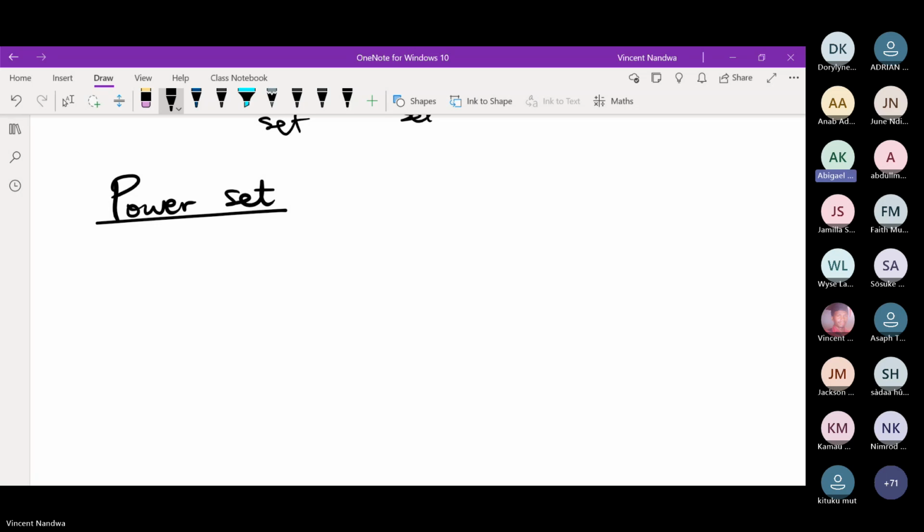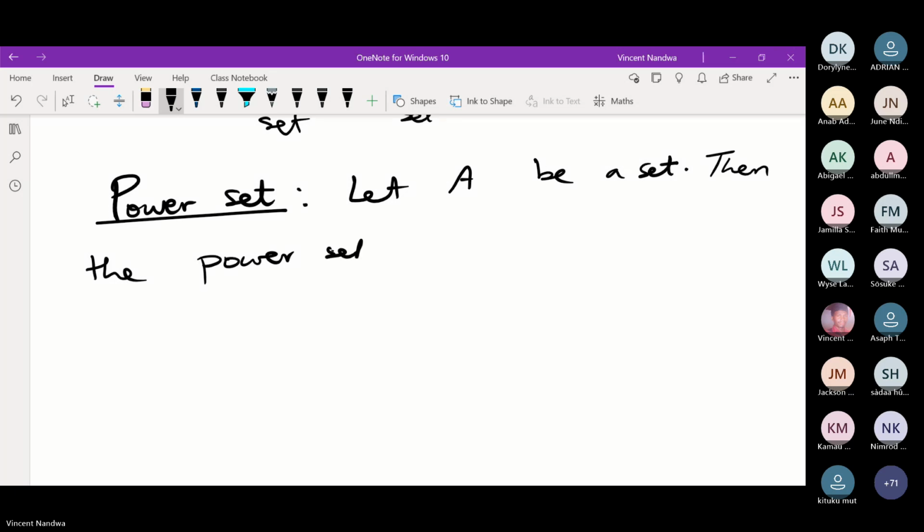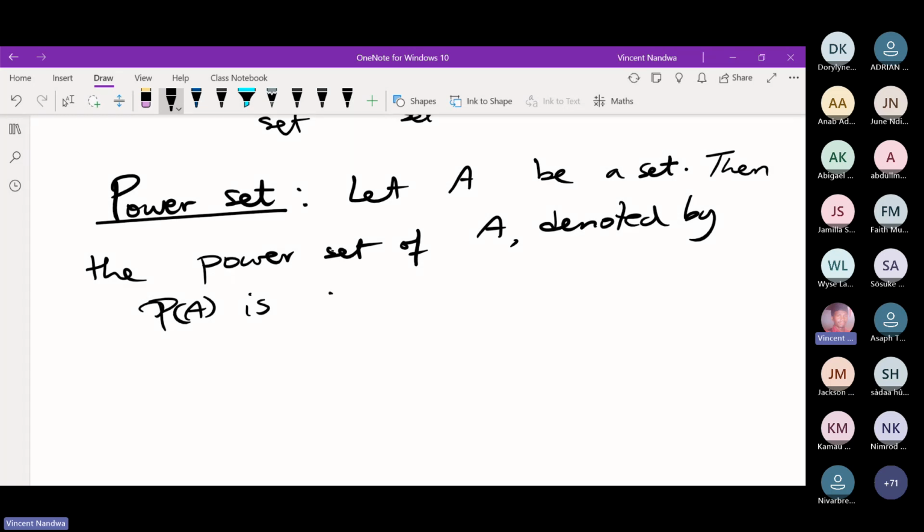Let A be a set, then the power set of A is the set of all subsets of A. Correct. So maybe we can remind ourselves how actually we get this one clear.